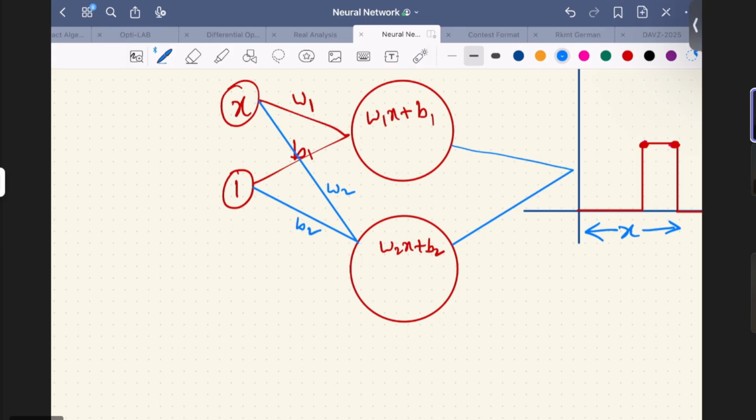If you just simply pass W1x plus B1, W2x plus B2, it's again a linear combination, so a line will come up, but you never get this signal. I want that signal.